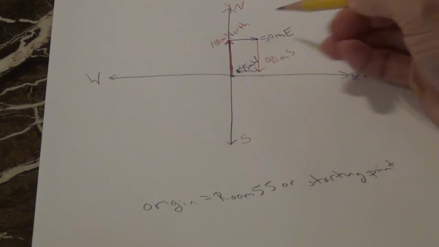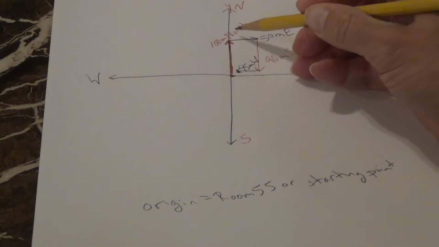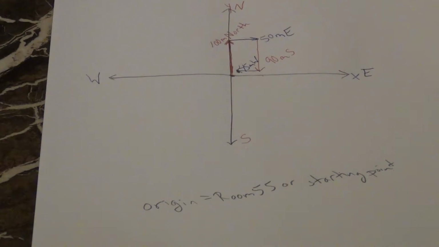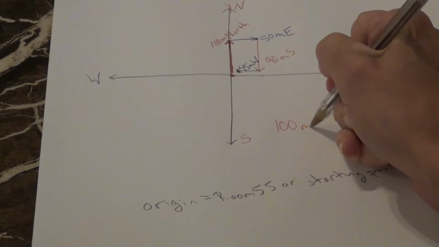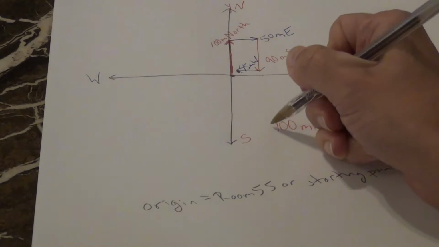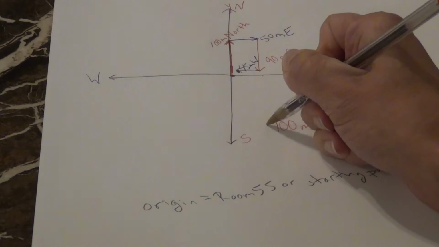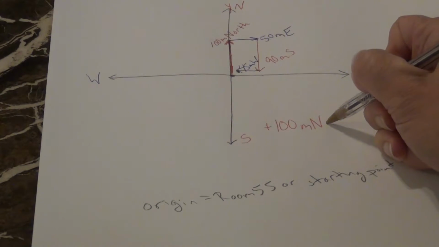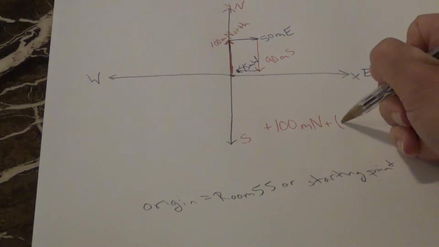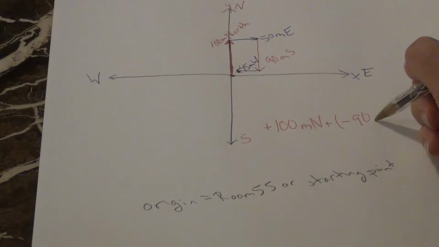Okay, so 100 meters north and 90 meters south means that I went 100 meters north. Remember we talked about in the notes that north is positive, okay? And south we take to be negative, plus negative 90 meters south.